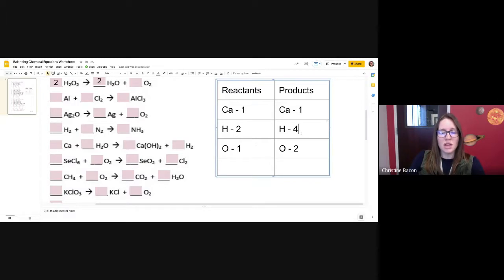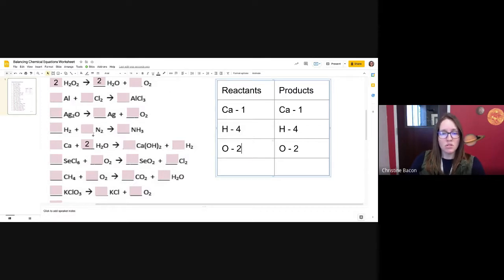So let's work with hydrogen first. Let's try to bring the reactant side up to 4 hydrogen atoms. All we would have to do is add a coefficient of 2 next to this water molecule, because the 2 times the 2 atoms inside brings us up to 4 atoms of hydrogen, and it also brings this oxygen up to 2, because this coefficient applies to the whole molecule.